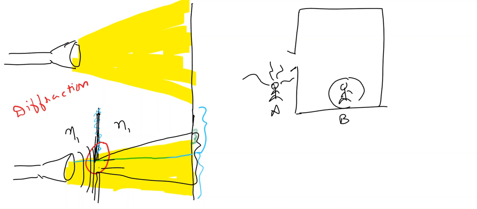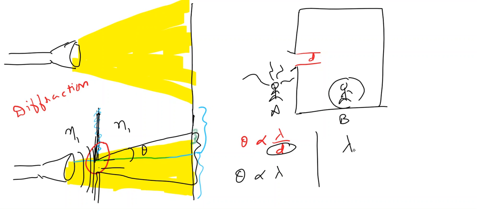The reason is the bending of this wave. Theta is directly proportional to lambda and inversely proportional to the width of this slit. This is the width d. Now d is constant for light wave and sound wave, since the door is the same. So I can say that bending or diffraction is proportional to lambda.